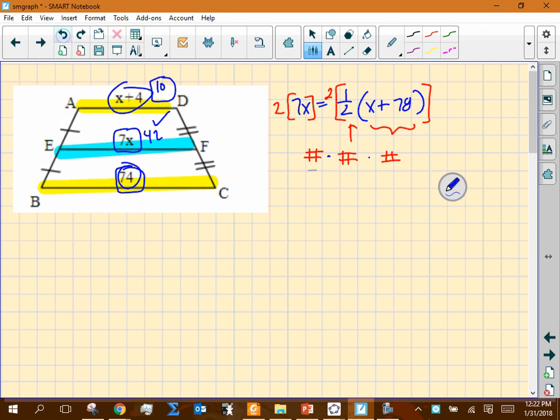Hopefully you guys realize that it makes most sense to multiply those 2 together, right? What do I get when I multiply those 2 together? You get 1. They're reciprocals, right? So now those 2 multiplied together give me that 1. I still have the x plus 78 as that third number that I need to multiply together, right? Well, that just leaves me with x plus 78 then when I distribute that 1 through.